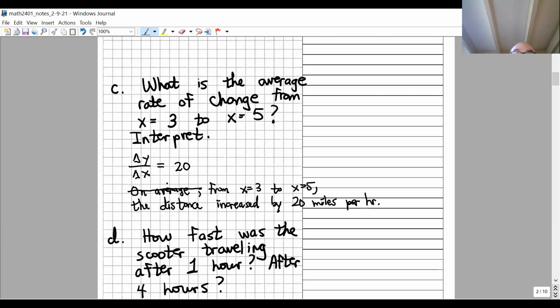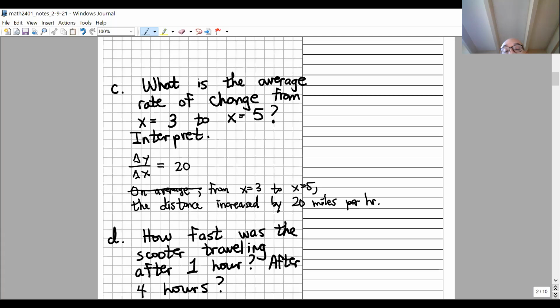This change is not what's happening on average; this change is what's always happening. It's not just from x equals 3 to x equals 5. It's also the rate of change from x equals 0 to x equals 3, or from any starting value to any ending value.